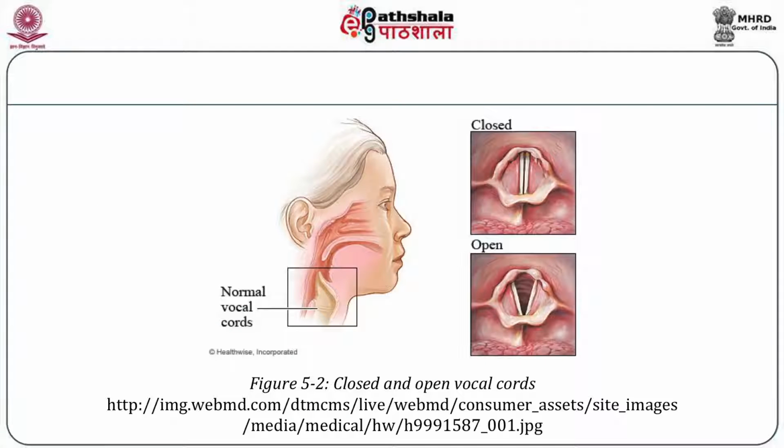Let us take a look at the two extreme positions of the vocal folds given in the diagram here. What you find is that the vocal folds are closed in the upper figure and open in the lower figure. We can have a look at the various positions that the vocal folds take by looking at the following video.